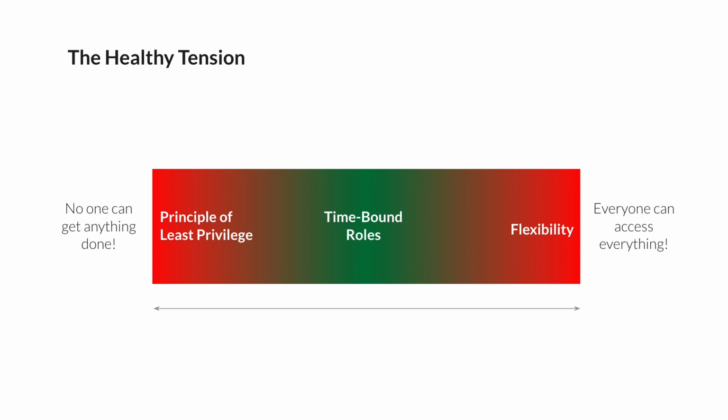My advice for a company who is trying to fall in the middle is to use time-bound roles. This means that you're not micromanaging every single permission, but you've got a small number of roles that you commonly use. You understand what these roles allow, and you've documented who should be able to use them.